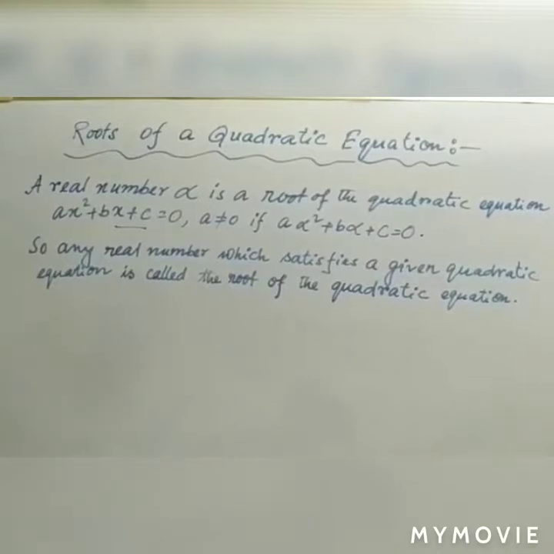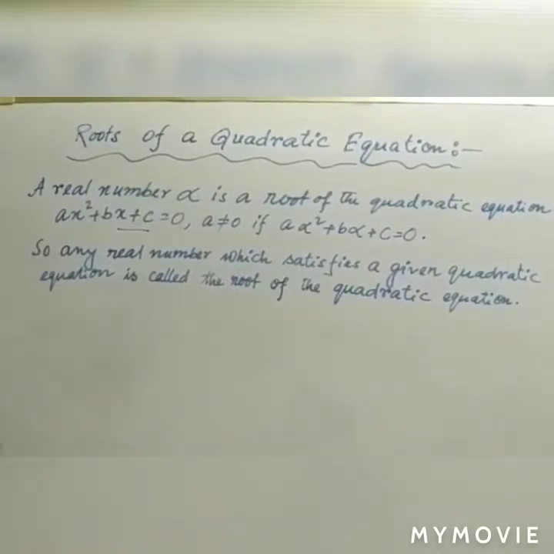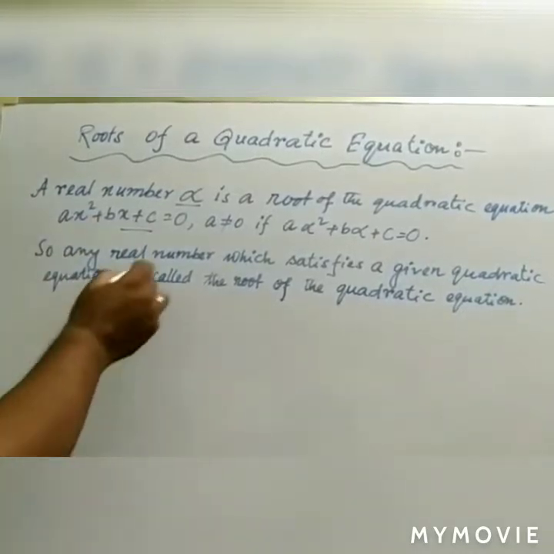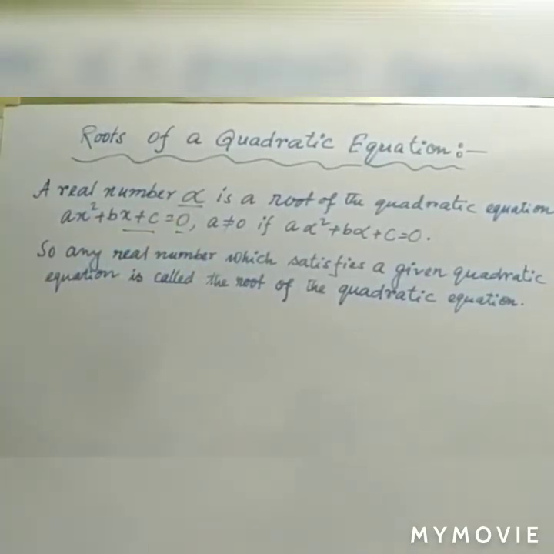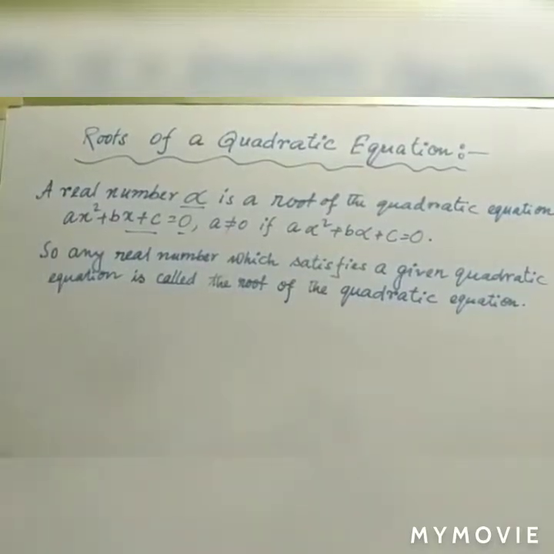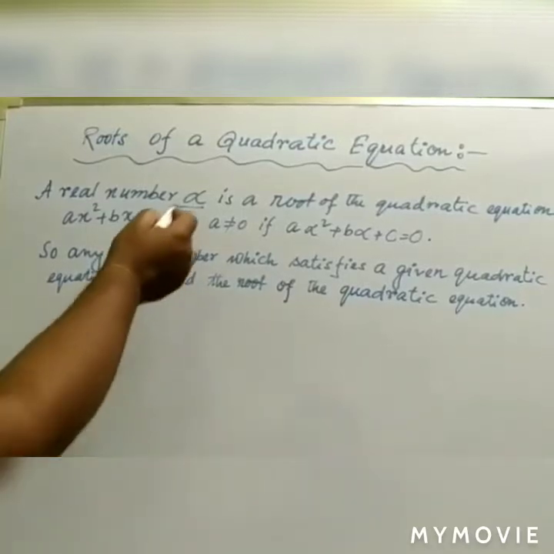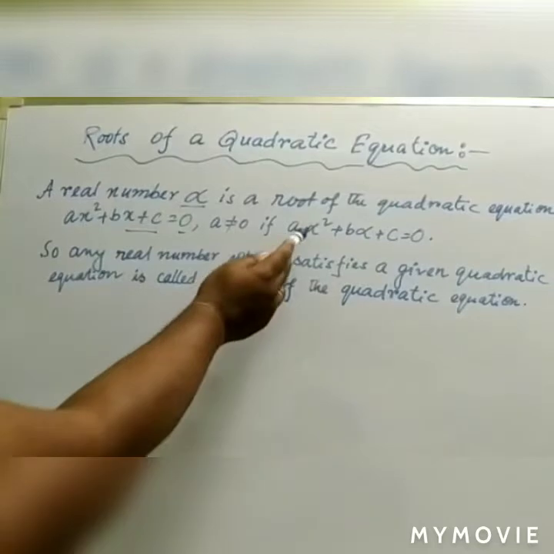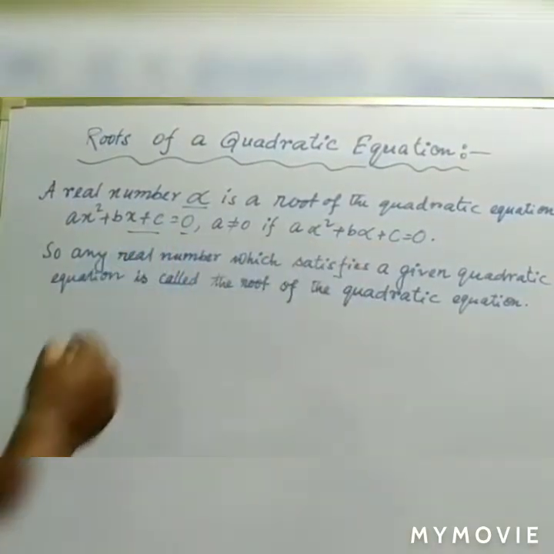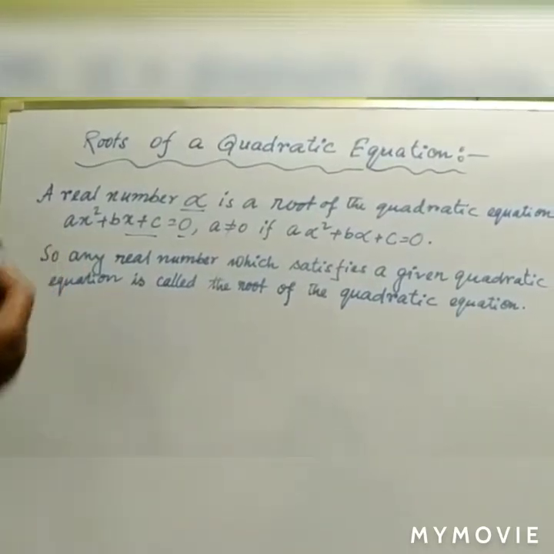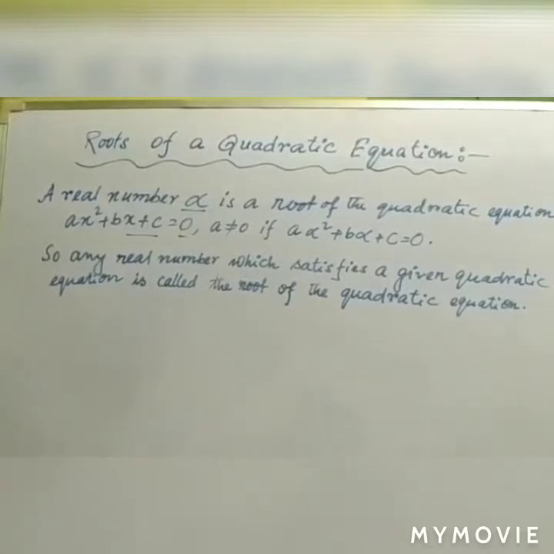So for a given quadratic equation, if a real number satisfies it and gives the right side as 0, then it is called a root. In place of x we can place alpha, and if that value gives 0 on the RHS, then alpha is a root of the quadratic equation ax square plus bx plus c equals 0.